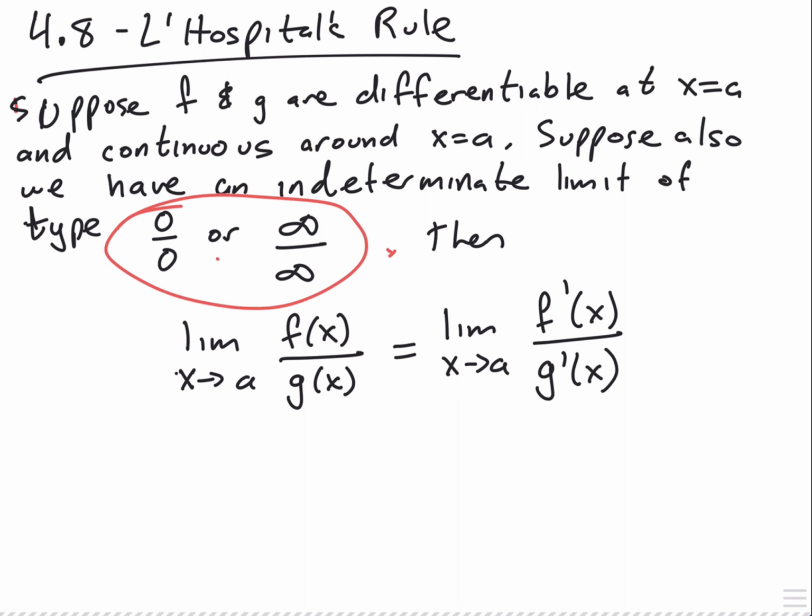There are some times when getting the derivative makes a function more complicated, but often it makes it simpler, right? For example, if you have a power function like x to the third or x to the fourth, x to the fifth, what happens every time you get its derivative? Yeah, the degree goes down every time. So it gets simpler every time you get the derivative. So that's why sometimes it's useful.